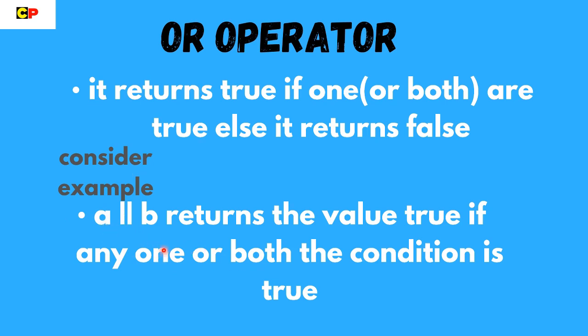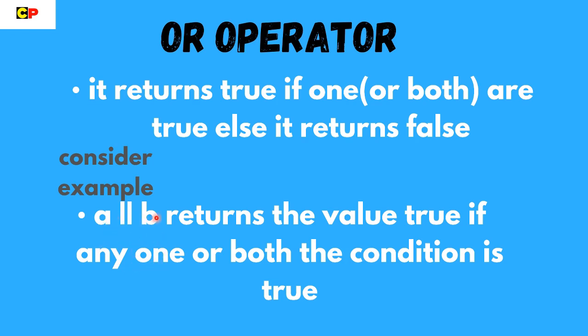Suppose A is correct and B is not correct, then again it will give the value true only. As the name suggests, OR means if any one of the conditions is correct, either A or B, then it will return true, and if both are correct, then again it will return the value true only.